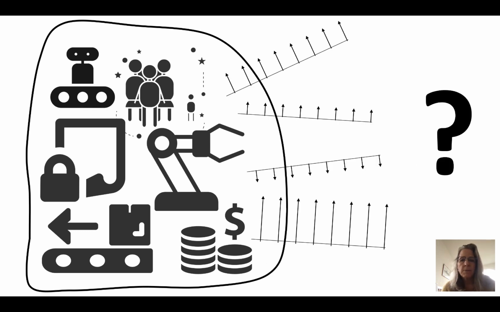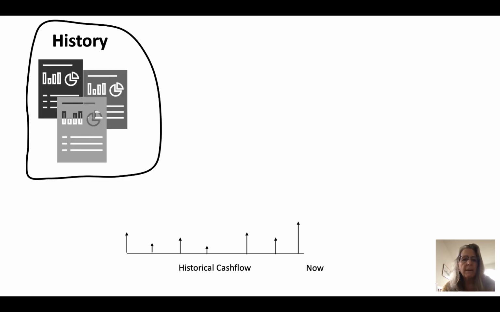So each of them has a particular cash flow. And if we add those all together, we can get the value of the company. So what we do is we look historically from annual reports data, we can see what is the historical cash flow of a particular set of assets. It would be hard for us to value these in a different way because the annual reports are public information.